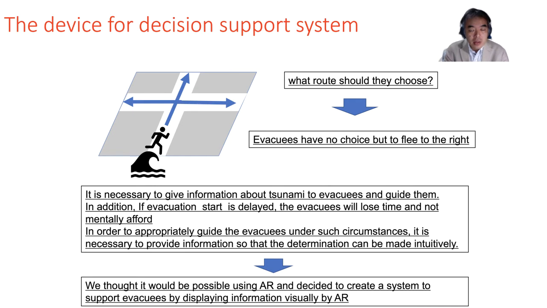Finally, I would like to show how to support the evacuation route. This is now under construction, and we use an AR device to show the evacuation route and which is the better route.